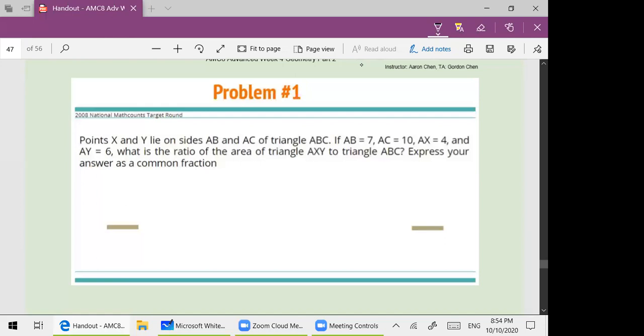Okay, so a hint for the problem is that the ratio of the area of triangle AXY to the area of triangle ABC is AX over AB times AY over AC.